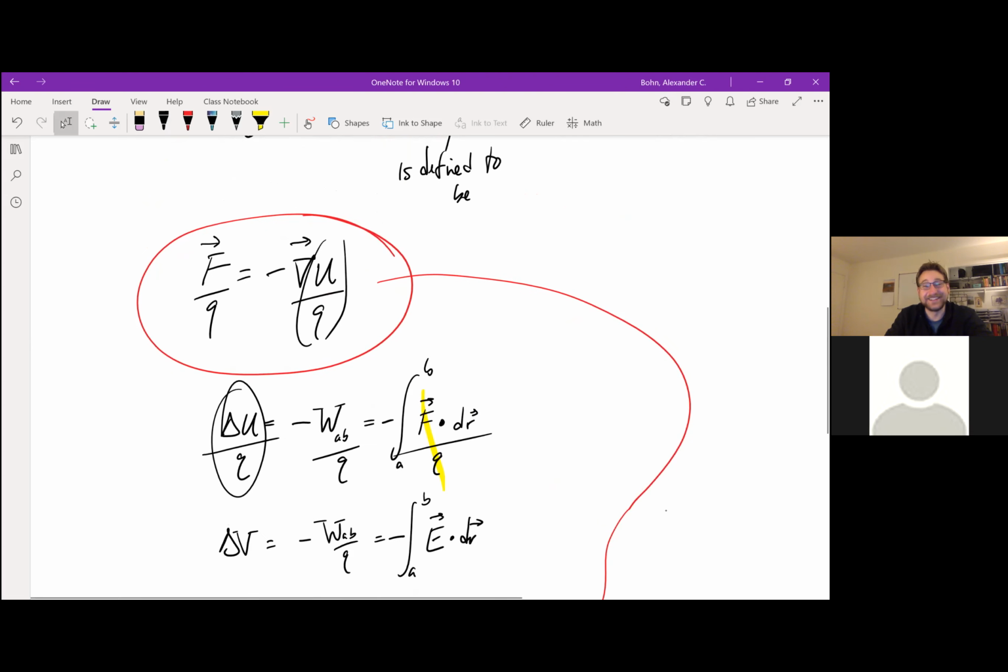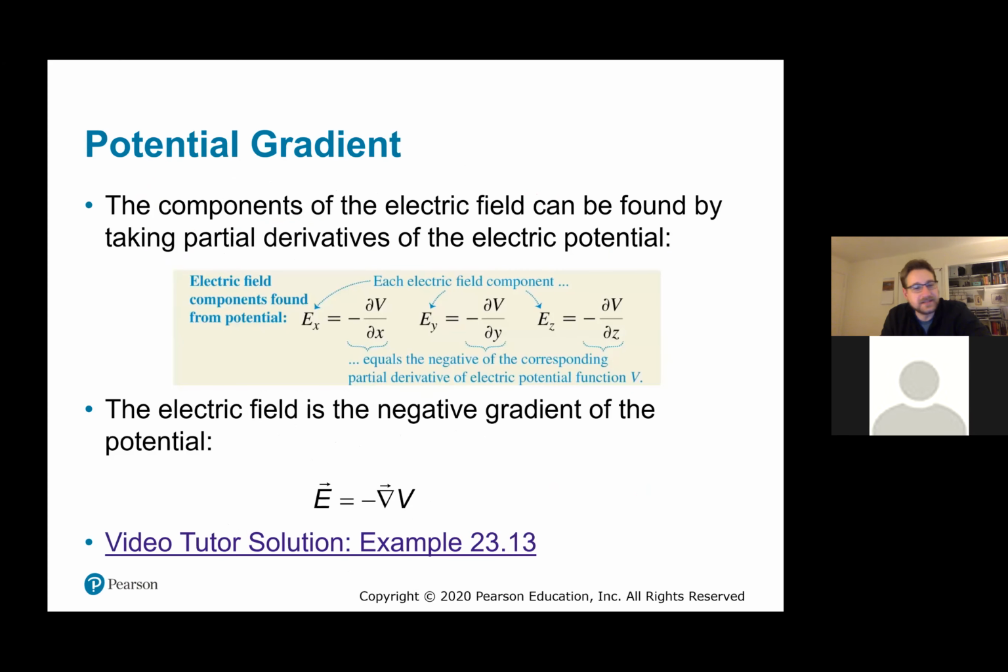I mean, it was there all along. This is not a shock at all. Force per unit charge should be the negative gradient of potential energy per unit charge, because force is the negative gradient of potential energy. We gotta have it this way. As soon as we defined electric field, we were stuck. We were headed this way.